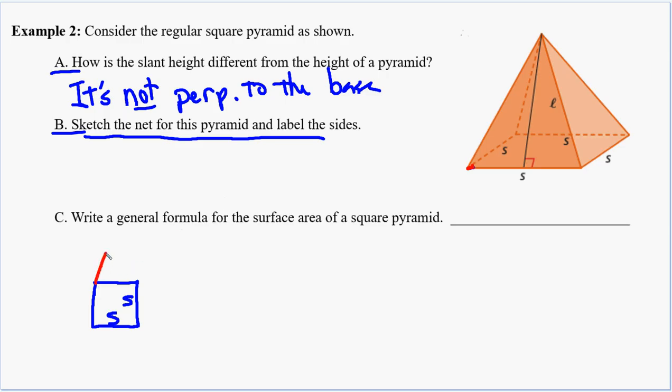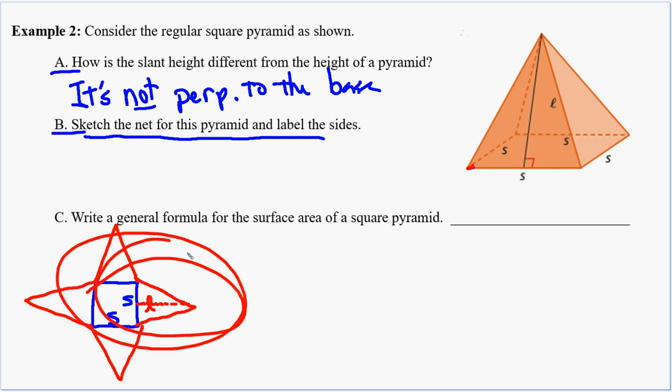So there'll be a triangle on top of this square, one over here on the right side, one on the bottom, one on the left. And then I'm going to draw in here a little dotted line, and that would be L, that lateral length. So there's our sketch of the net.